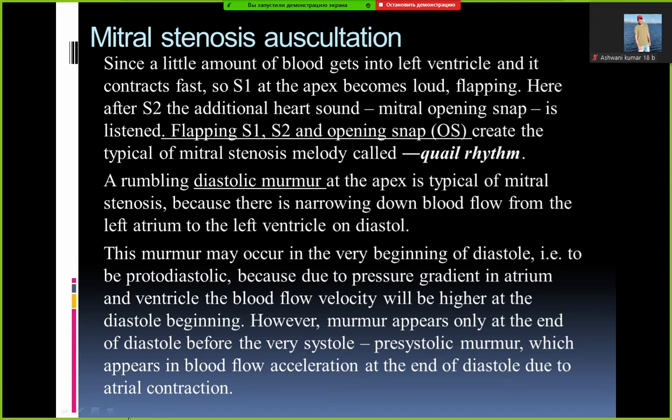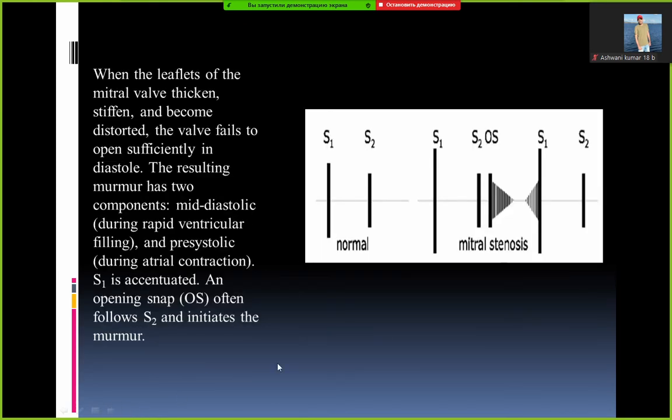So it means that diastolic murmur in case of mitral stenosis may have two accentuations, at the beginning of diastole and at the end of diastole, like in this picture.